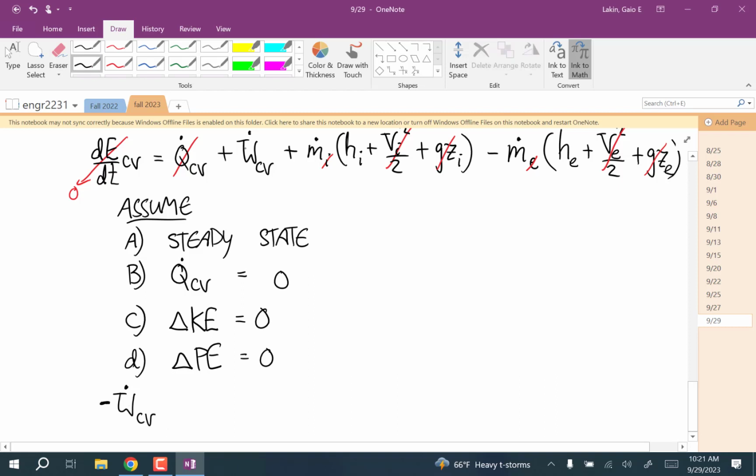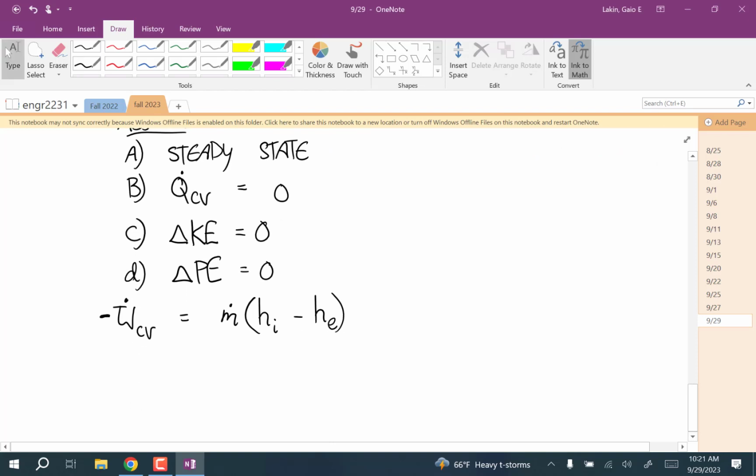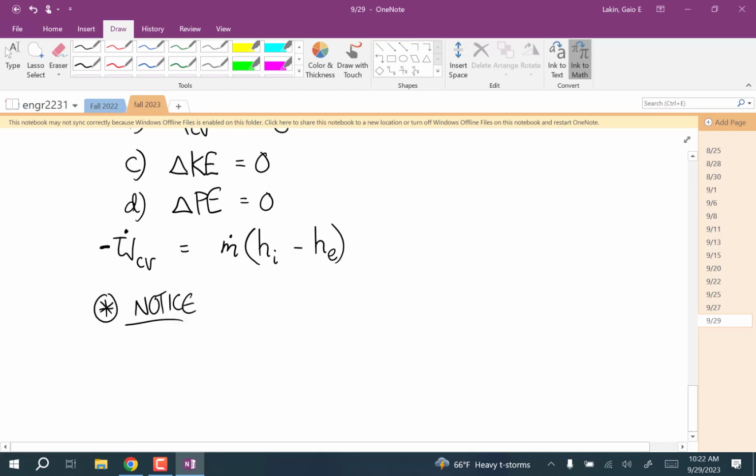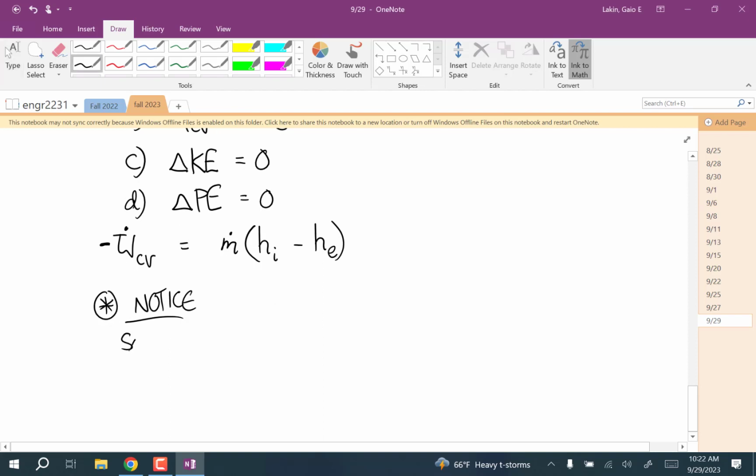So I'm going to move the W dot over to the left side of the equation, and that's equal to M dot times the quantity H at the inlet minus H at the exit. Notice that this is fundamentally the same equation as the turbine.